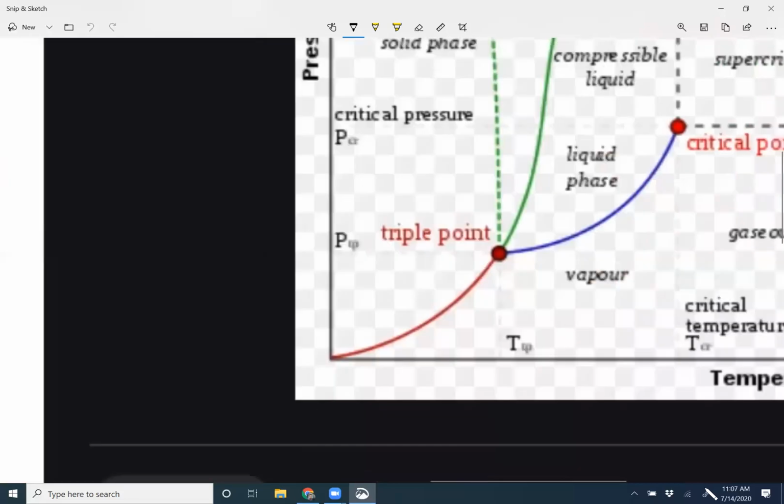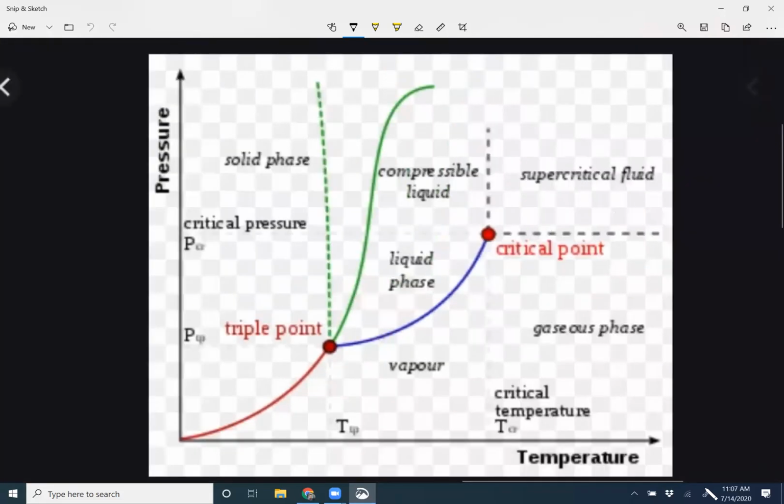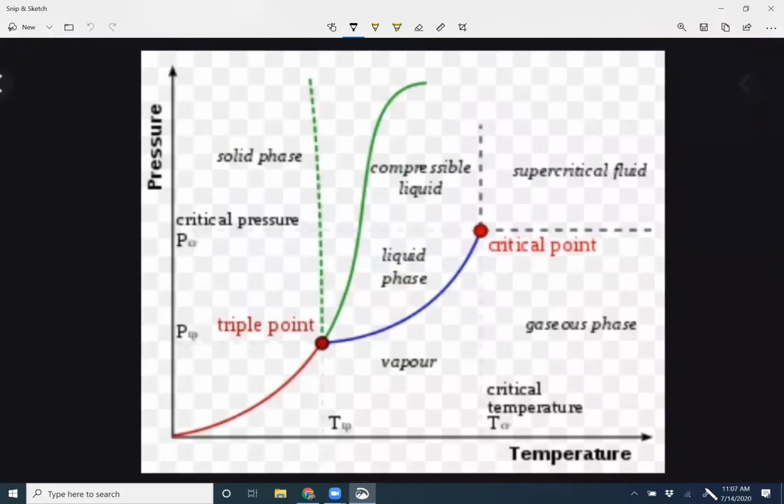All right, so what we have here is a graph of pressure versus temperature. One of the things we're going to talk about today is that when we're talking about a gas, we're going to talk about its pressure and its temperature. And we said it was very important to talk about pressure for gases because a gas is compressible, so when you pressurize it, the space in between the gas particles can change, so the volume can change.